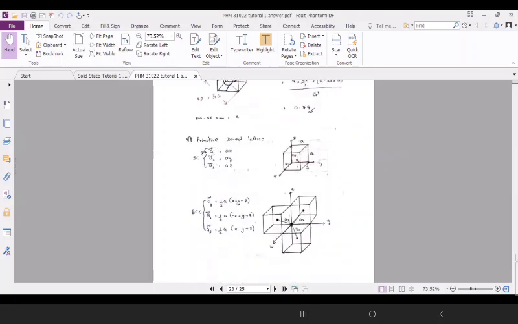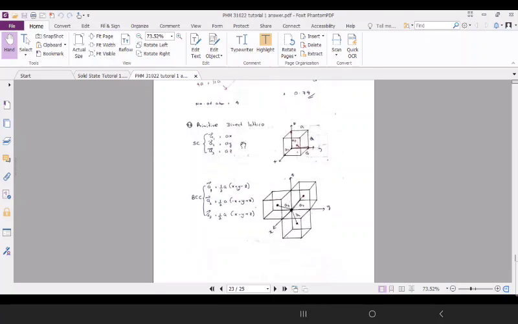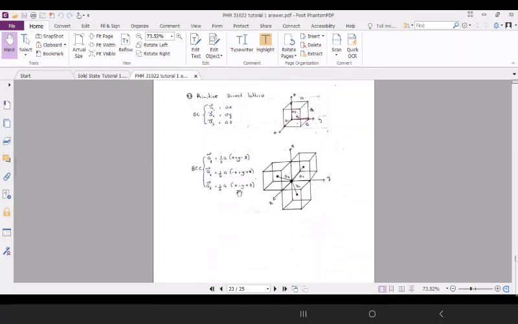In this case, for the SC, simple cubic, you can easily get the primitive direct lattice vectors A1, A2, A3 based on the X, Y, Z axis values. Using the intercept length values, you can get the primitive direct lattice vector.